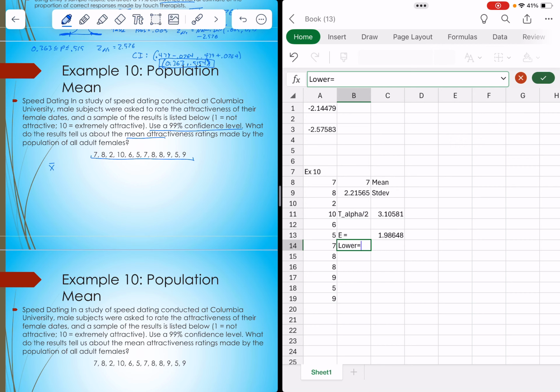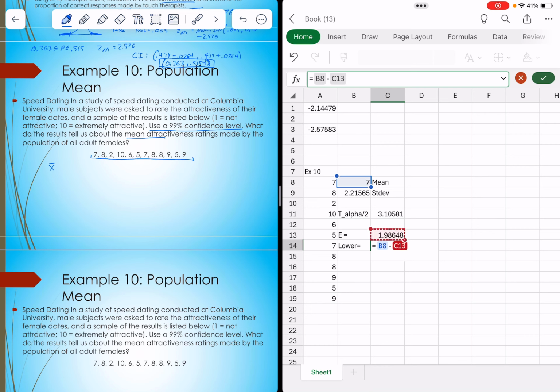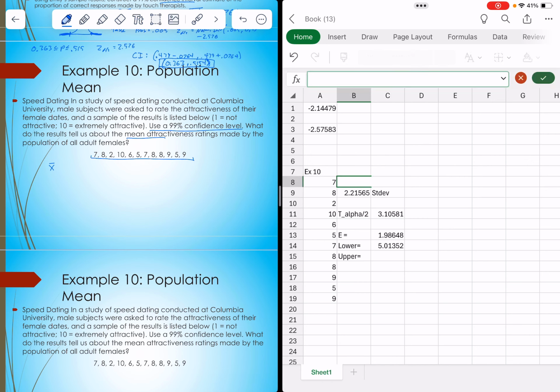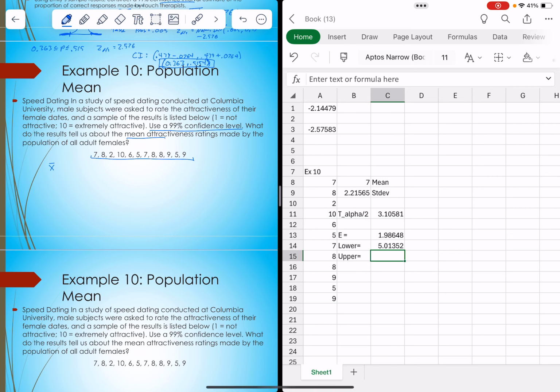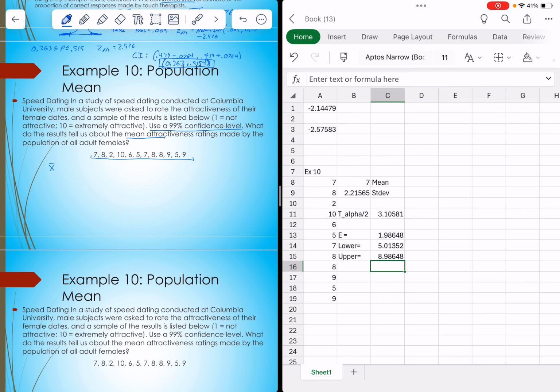So lower is going to equal 7 minus, don't put in 7, put in the mean, minus that, and then upper is going to equal 7, oops, plus E. And there's my confidence interval.